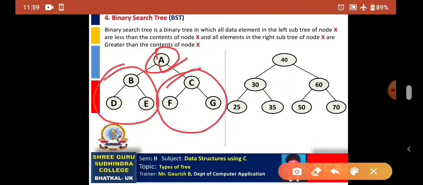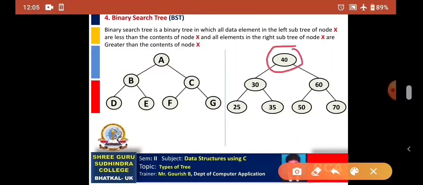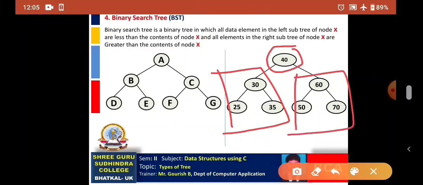This is the right subtree of A. These right subtree values should be greater than the value of A, right? For example, you can see over here, consider node 40. For this node 40, this entire thing is the left subtree and this entire thing is the right subtree.